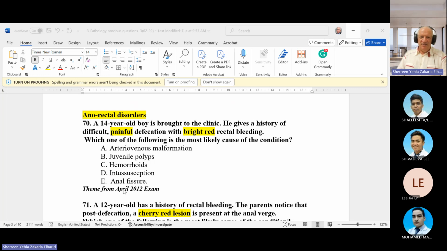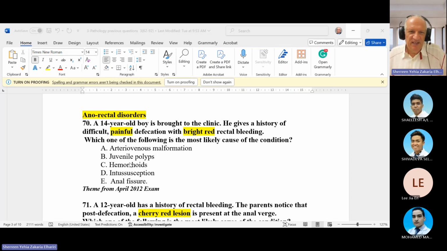It is just painful rectal bleeding, fresh blood. So what's your diagnosis? Anyone? Simple question. Anal fissure. Okay, yes, correct.